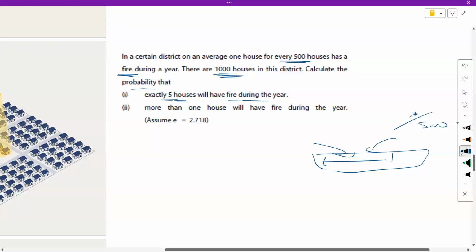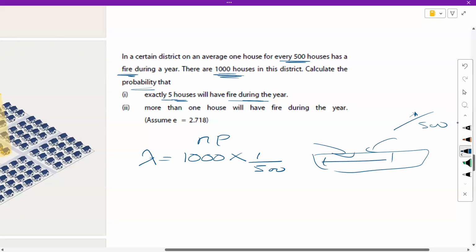Here, the trick is to apply the Poisson distribution. We should know the lambda, the average. Among 1,000 houses, the probability is 1 over 500. It is based on the NP principle.